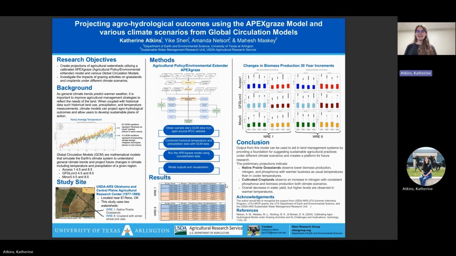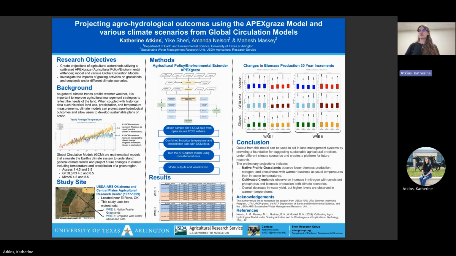But we can also see an increase in water yield, precipitation, and evapotranspiration, but that's likely because warmer temperatures are predicted to bring more precipitation. Something of note is that nitrogen and phosphorus levels are generally lower for the native prairie grassland information with warmer temperatures. However, with warmer temperatures and the cultivated cropland data set, we can see an increase in nitrogen and a relatively consistent amount of phosphorus.